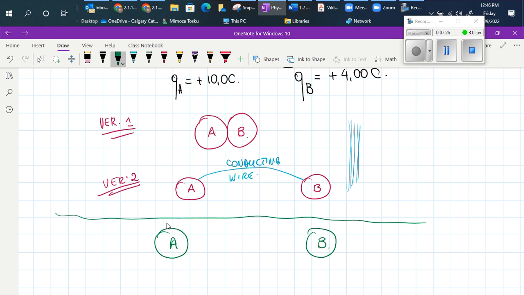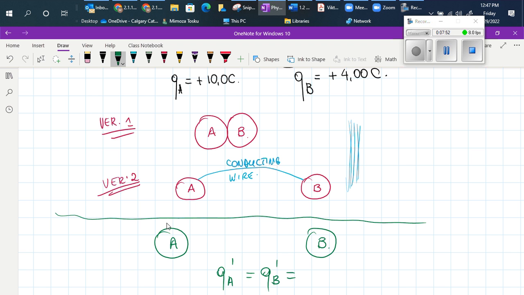In this way, after you keep them either in contact with each other or connect them with a conducting wire, what is happening is that after you cut the wire or place them into the original places, the two charges QA' and QB' will be equal to each other.